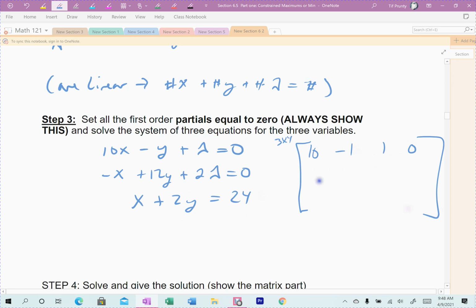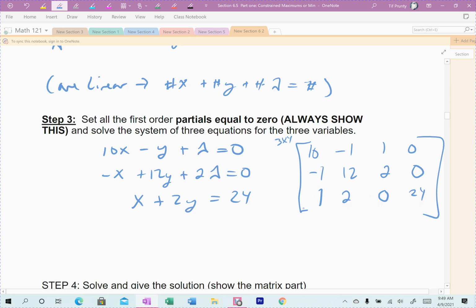The second one is negative 1, 12, 2, 0. The third one is 1, 2, 0, 24. There's no lambda here, so you put a 0 in the lambda spot. Again, the last line will always be that way.